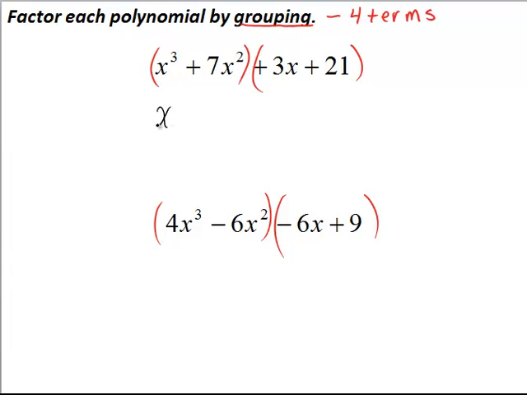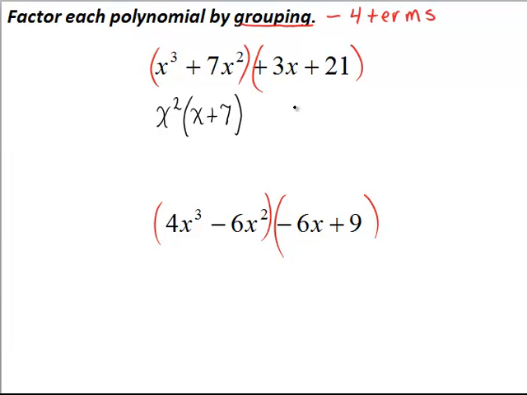So I'm going to pull out an x squared, leaving me inside with an x, since x squared times x gives me x cubed, and also with a 7, since x squared times 7 gives me 7x squared.